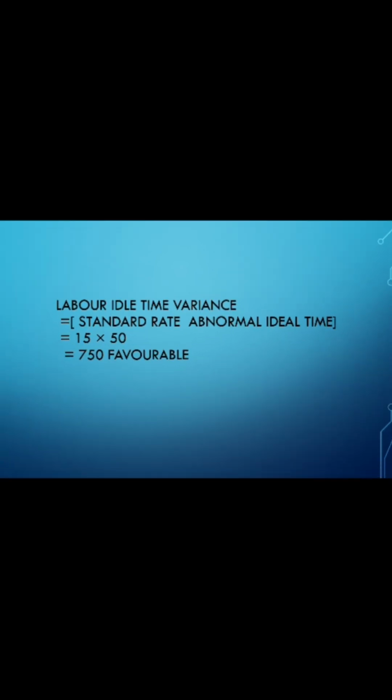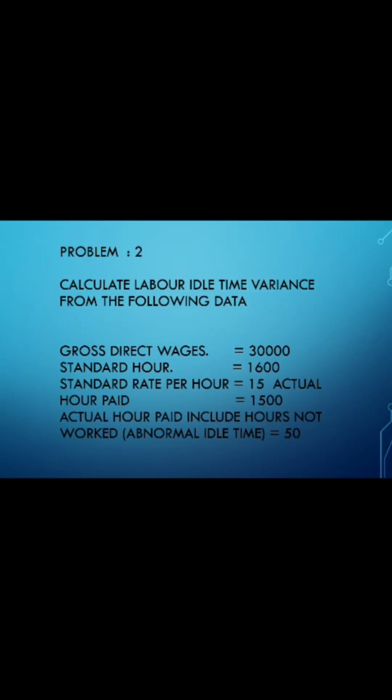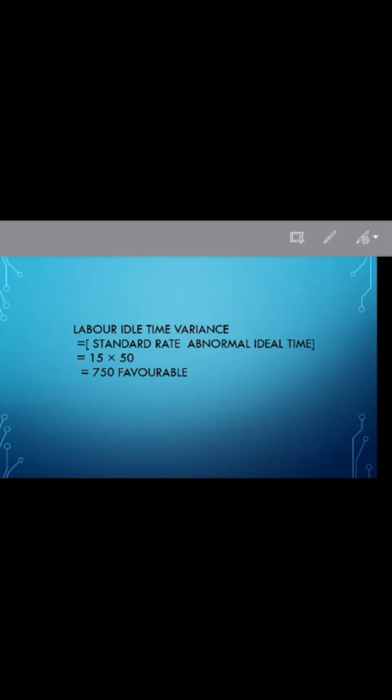In this question it is clearly given that the standard rate is 15 and the abnormal idle time is 50. So the standard rate 15 is multiplied into abnormal idle time 50 and the answer is 750, which is unfavorable.